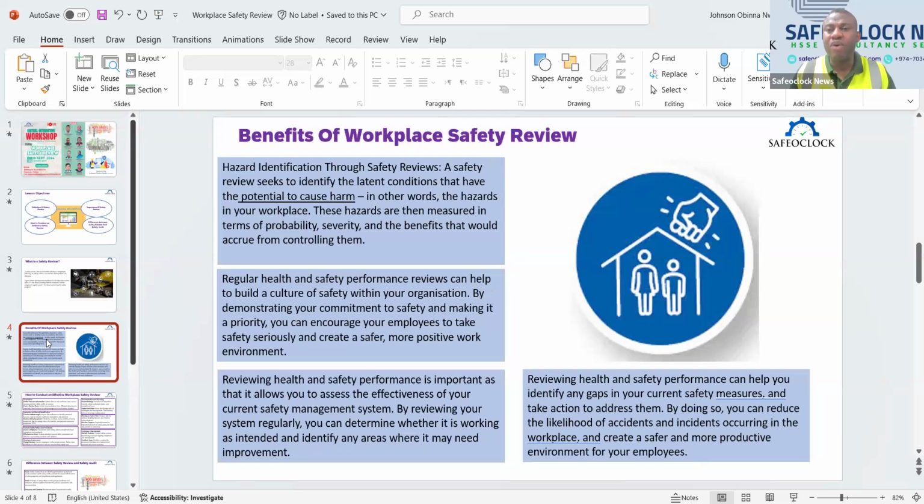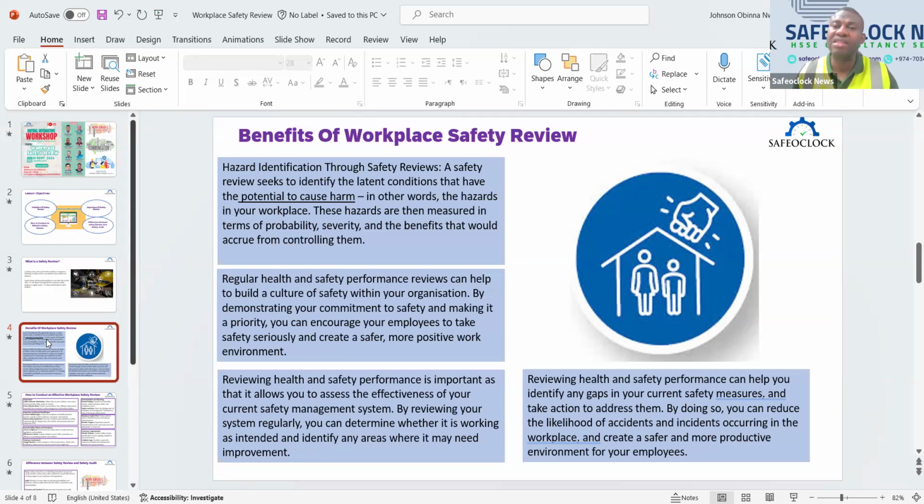Another importance is that safety review helps to build safety culture. Take an instance where the workers are aware that the management conducts safety review from time to time, that the management looks at a holistic approach of the activities or the workplace. So the workers will have that confidence.